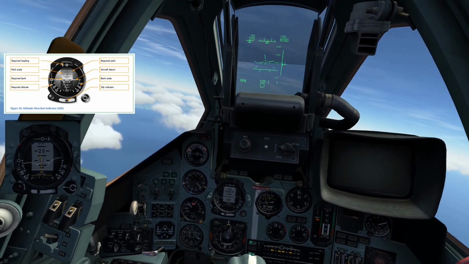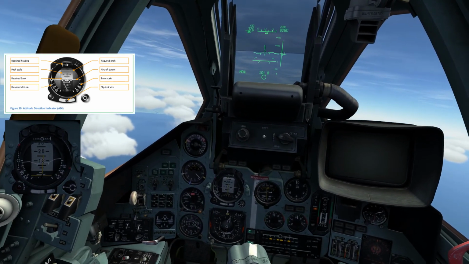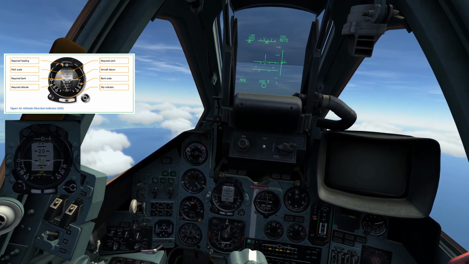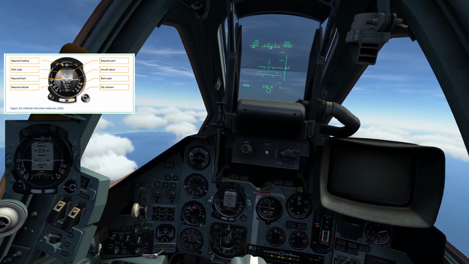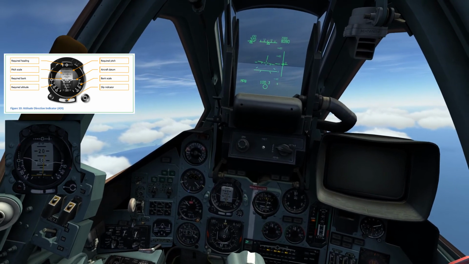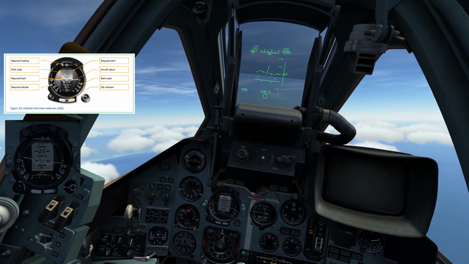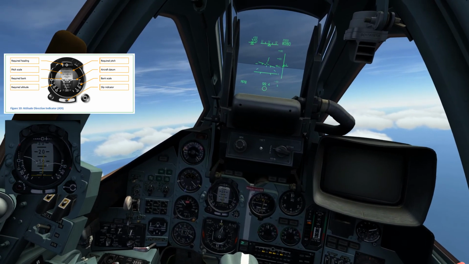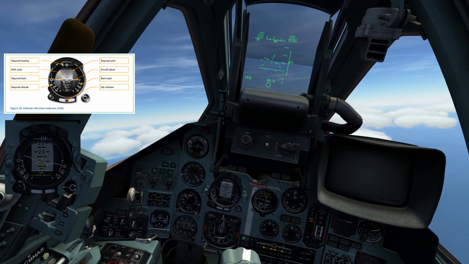Now once I get back on that line and intersect that line, you'll see the required heading needle, as I come back around, now you can see I'm fine tuning it because I need less bank, and the required heading needle is centering up.